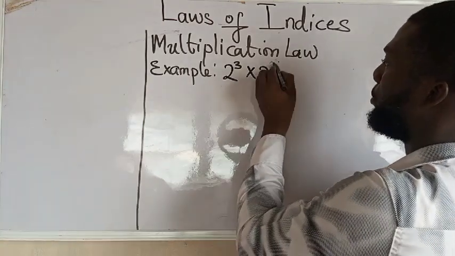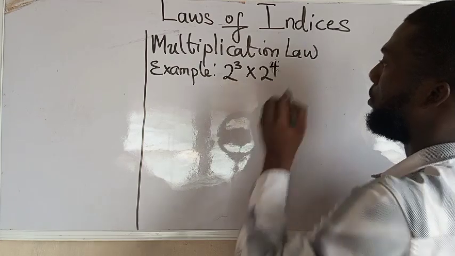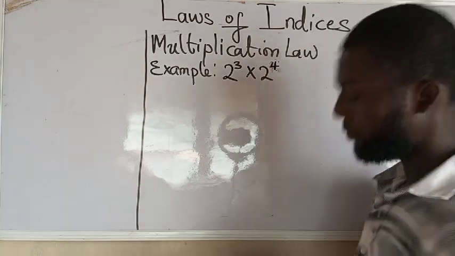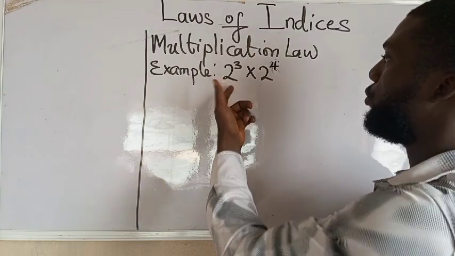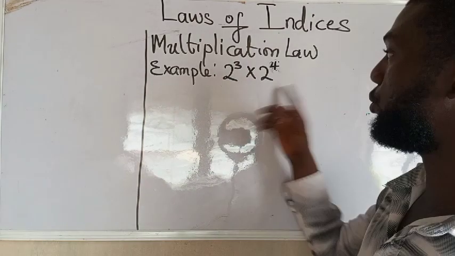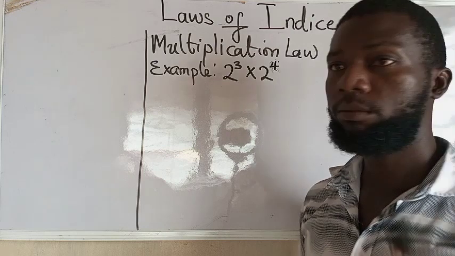Let's look at the first example that says 2 raised to the power of 3 times 2 raised to the power of 4. Now let me say this again.